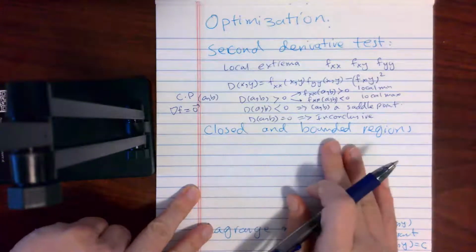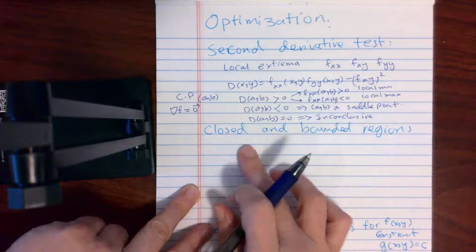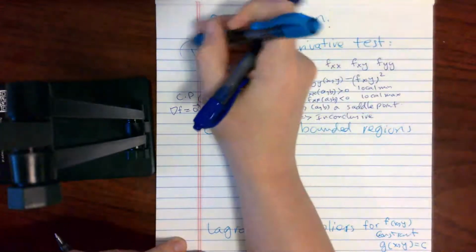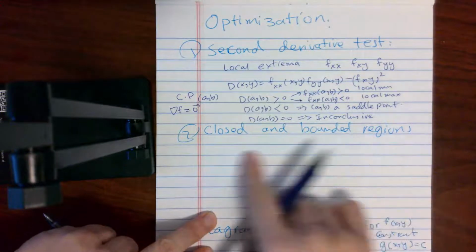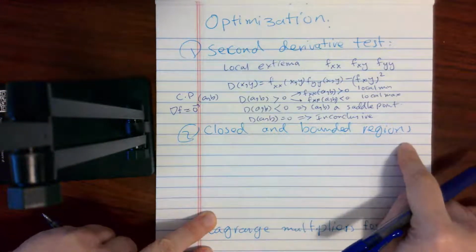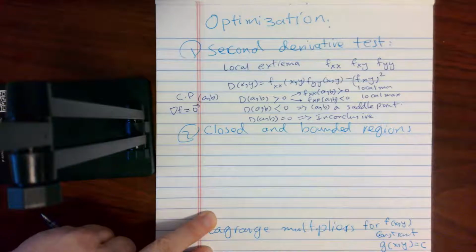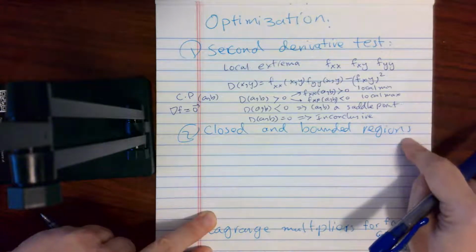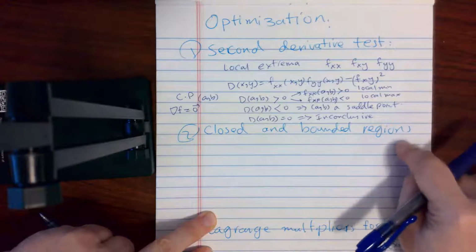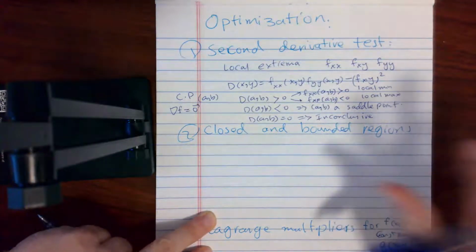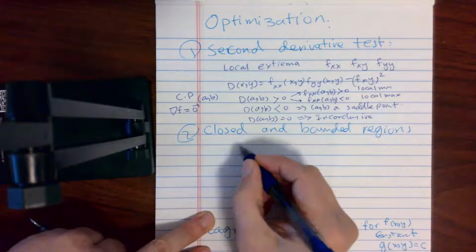So now method 2, the second method of optimization that we have, is the closed and bounded region. This is basically equivalent to the closed and bounded interval in calculus 1. So what are examples of closed and bounded regions?